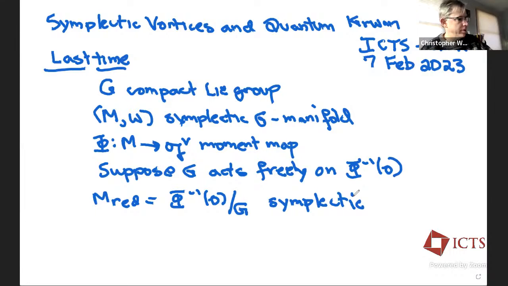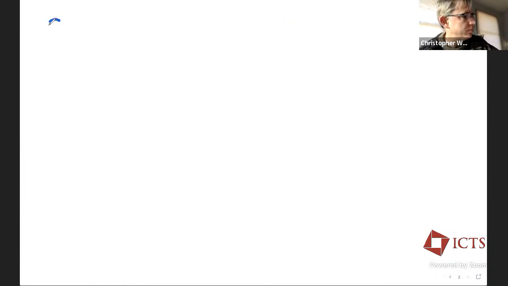Okay, and the example that we were talking about was the example of toric manifolds.